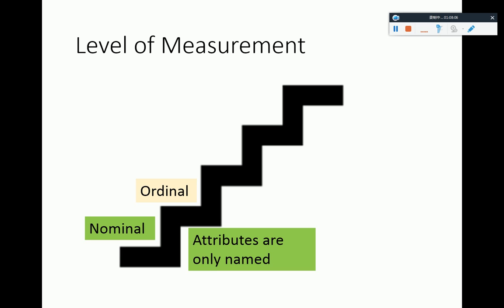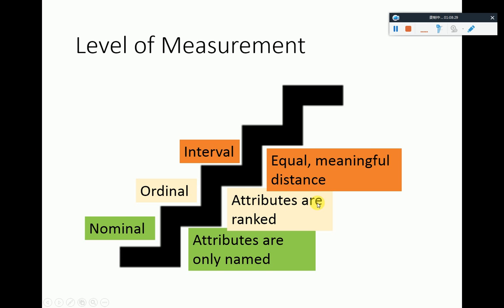A step up, we have ordinal measures. With ordinal measures, we not only name attributes, but the attributes are ranked. And then we have interval measures. The improvement of interval measures from ordinal measures is that now we rank attributes on equal intervals. Right? Recall, with ordinal measures, we don't have equal intervals, but with interval scales, we have equal intervals or equal distance.